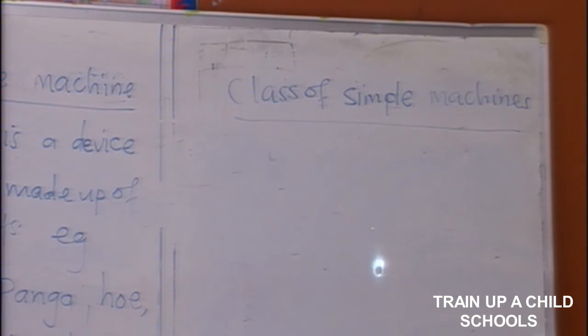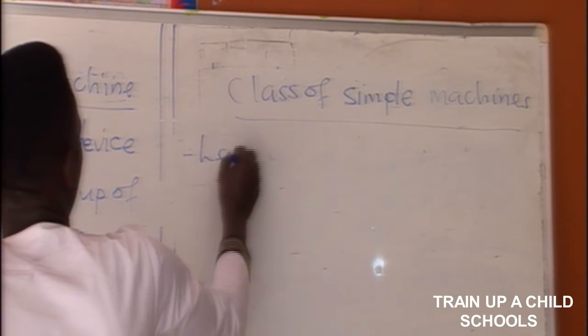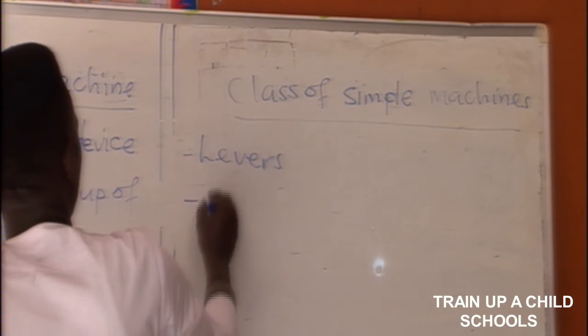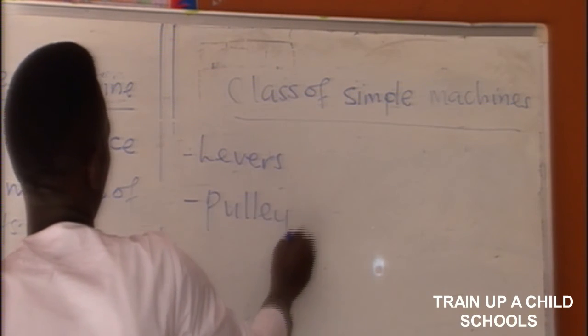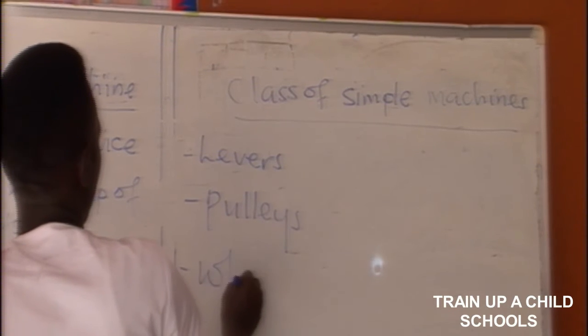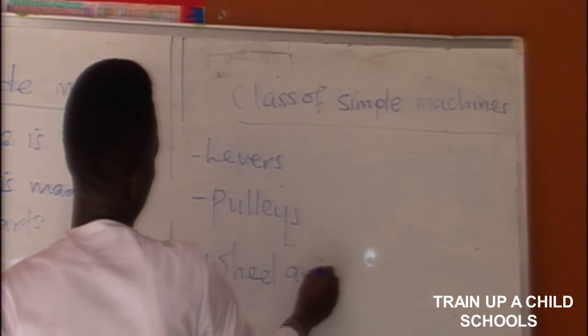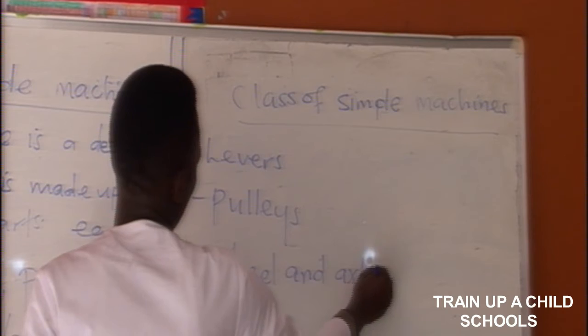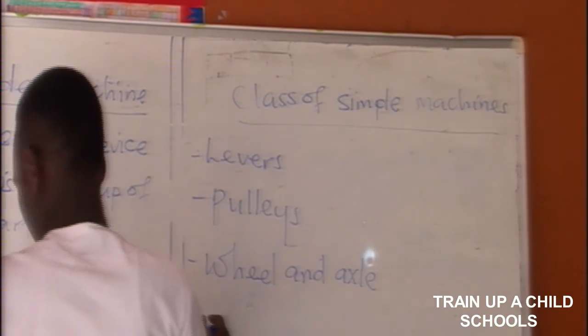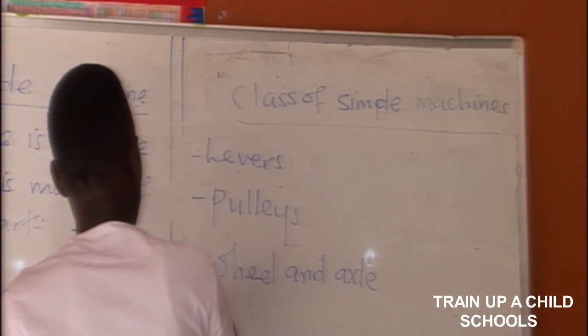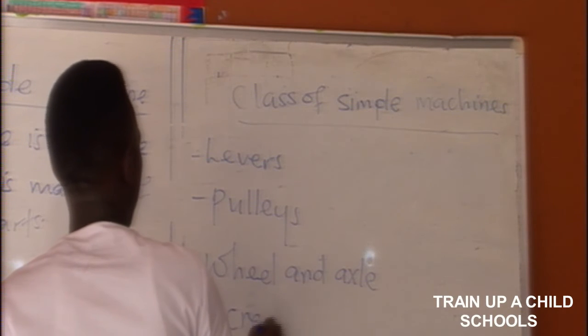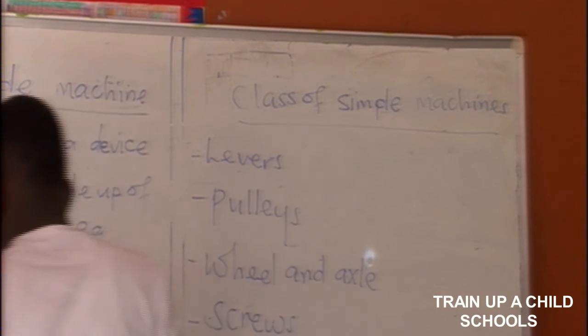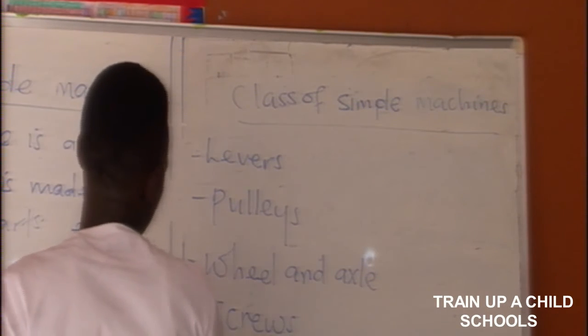We have actually a number of them, whereby we shall have what you call levers. We shall have what you call pulleys. We shall have what you call wheel and axle. We shall have what you call screws. We shall also have what you call inclined planes.